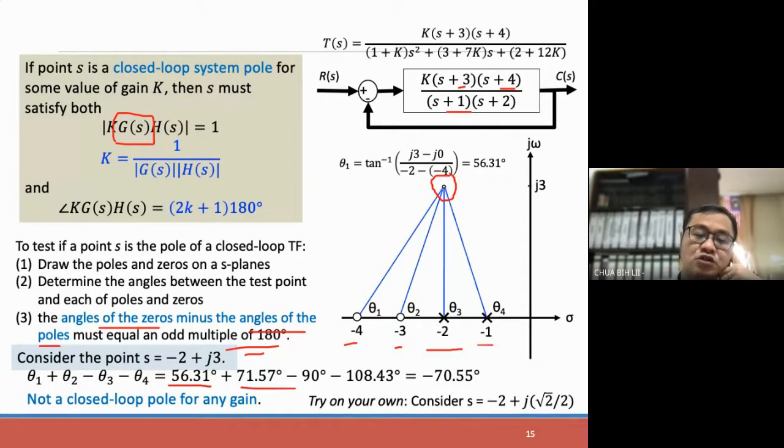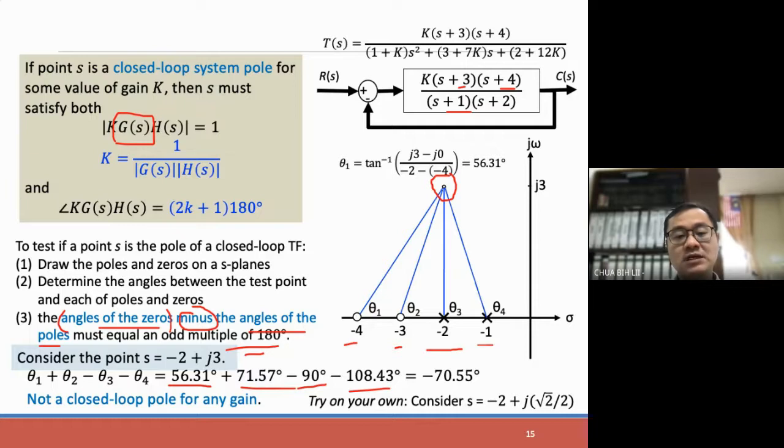So once you have the angles θ3, θ4, this basically is 90 degrees minus 180, 108, right? So why minus? Because we say angle of zeros minus, so whatever you have θ3, θ4, and so on that connect to the poles itself, we minus, right?